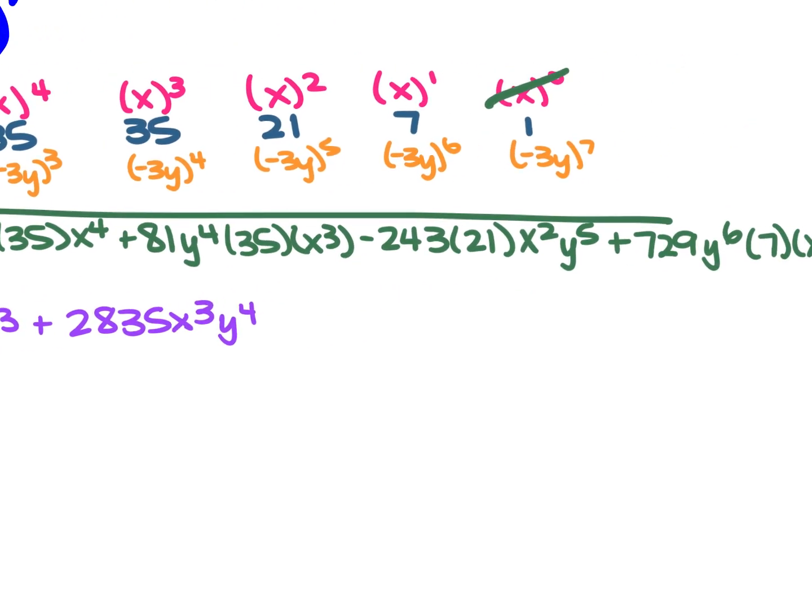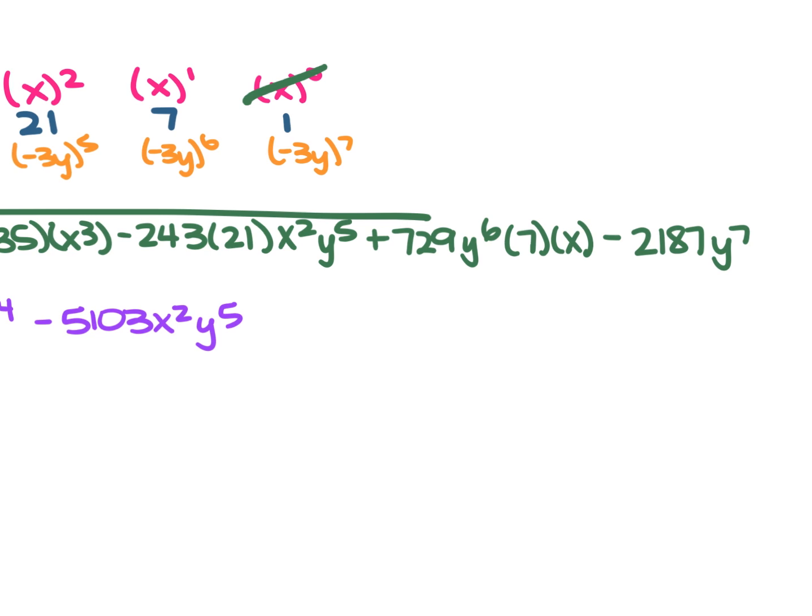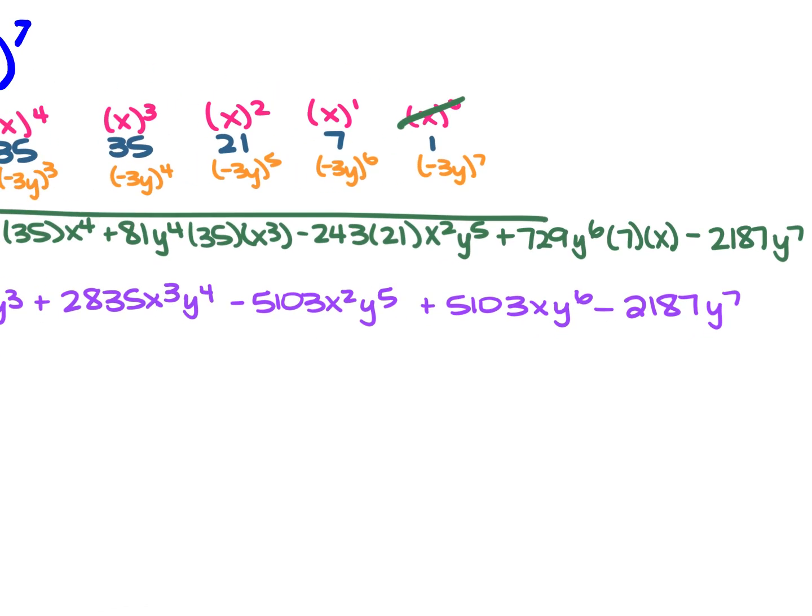Then you have negative 243 times 21 times x squared y to the 5th, and that's going to give you a negative 5103 x squared y to the 5th. Next, you have the 729 times 7 times x times y to the 6th, which is positive 5103 x y to the 6th. And lastly, you have the 2187 y to the 7th power.